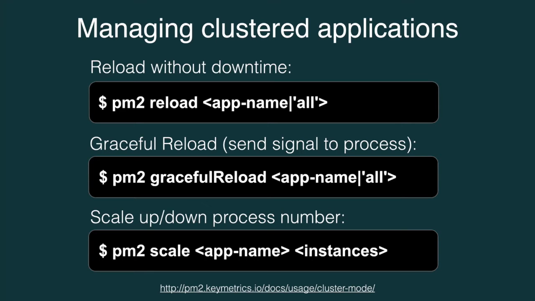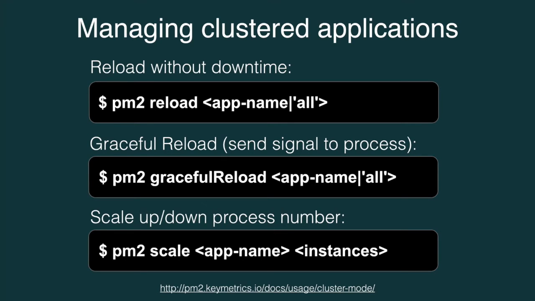For example, if you already started 4 applications in cluster mode and you do reload, it will pop up 4 new processes. We'll wait for the 4 old processes to finish processing their work, and the new ones will replace the old ones. So you will not lose any queries. It's seamless for your users, and you can update your code very easily without any downtime.